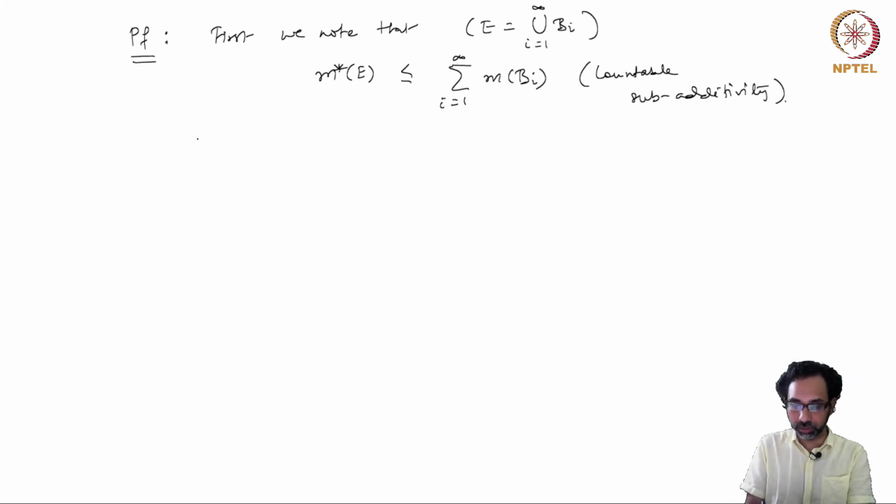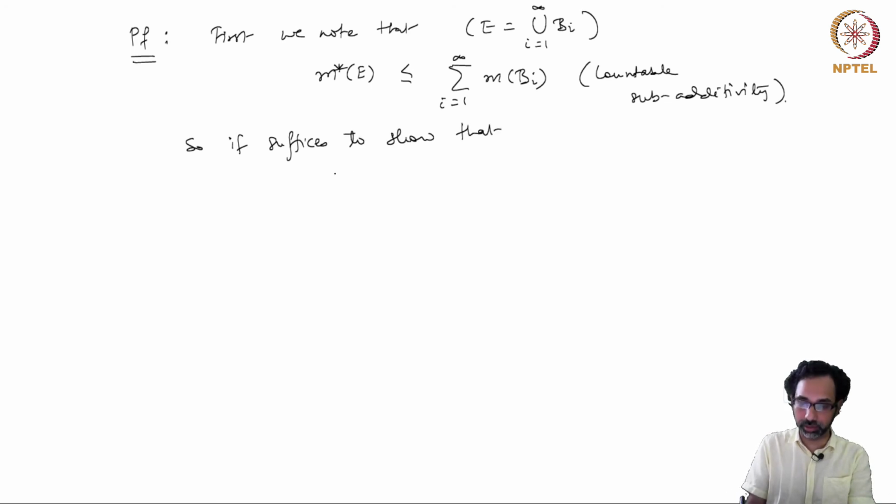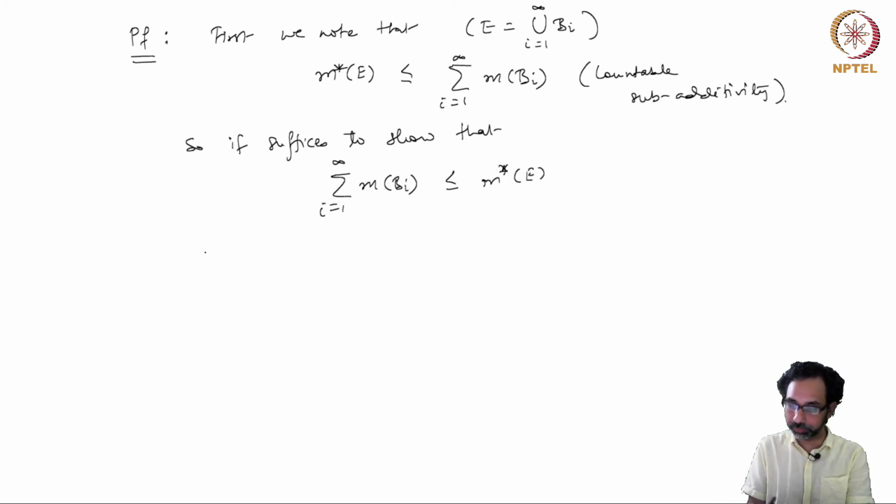So it suffices to show the reverse inequality, that the sum is bounded above by m star E. So this is pretty easy.